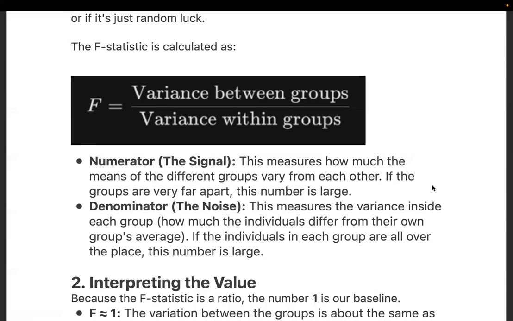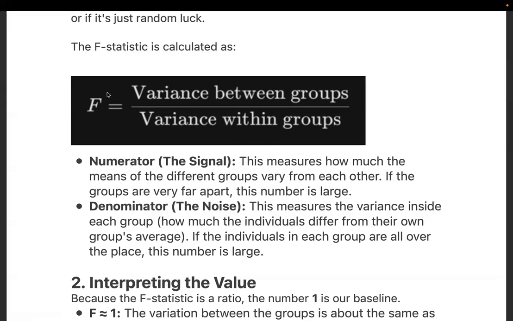Our next thing is the denominator, which is the noise. It measures the variance inside each group, that is, how much the individuals differ from their own group's average. If the individuals in each group are all over the place, this number is large, and that is not good because you're increasing the noise.